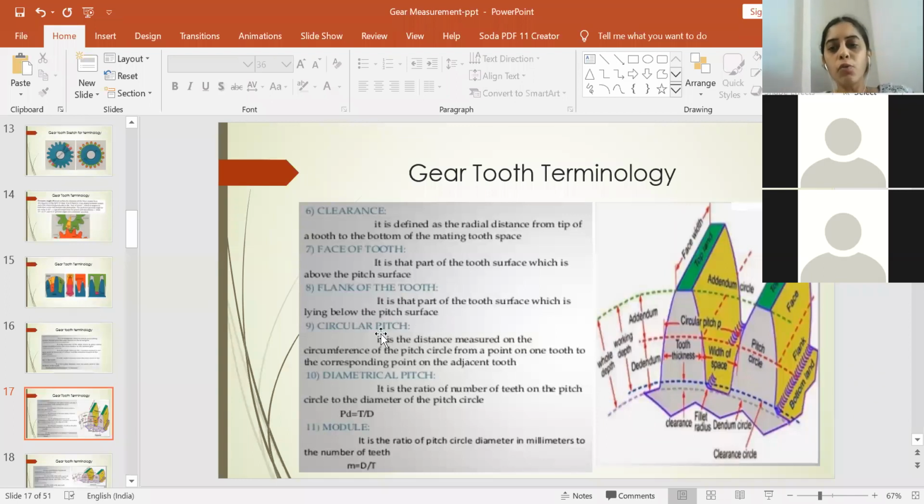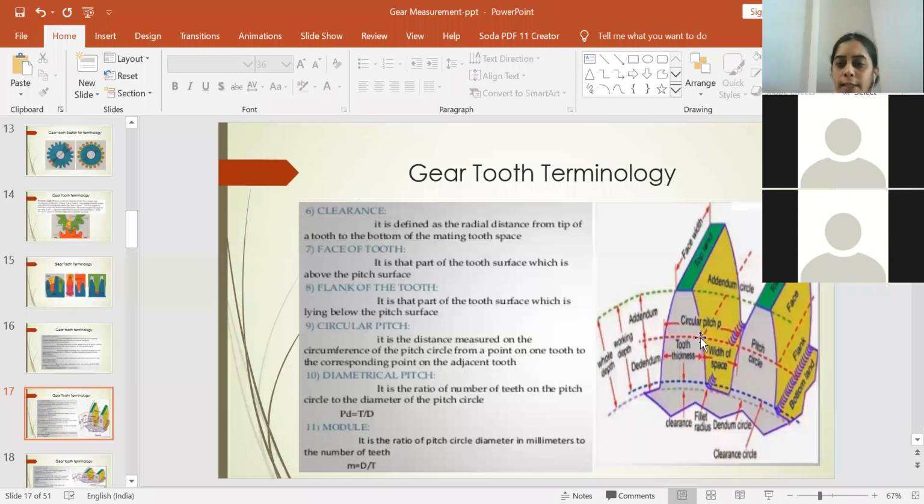And then you should know what you mean by circular pitch. You can see the circular pitch is from here to here. How do you define this? It is the distance measured on the circumference of the pitch circle. So this is the pitch circle. When the gear rotates, you get the circumference of the pitch circle. So it is the distance measured on the circumference of the pitch circle from one point on the tooth to the corresponding point on the adjacent tooth.